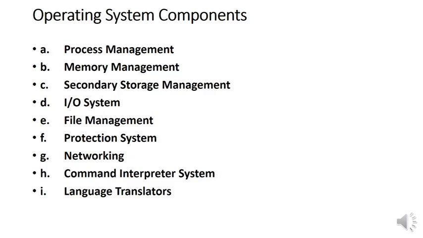Then we have the language translator. A programming language is a set of symbols that we use to communicate with the computer. In the early stage of computer development, machine language programs used binary, which is 0 and 1. We've done this in our 101, you understand?